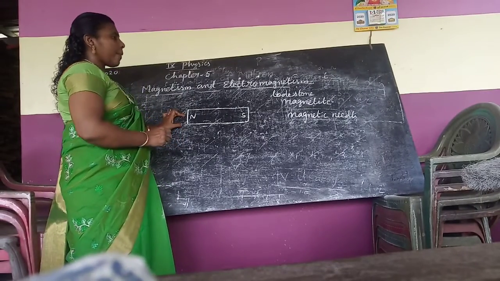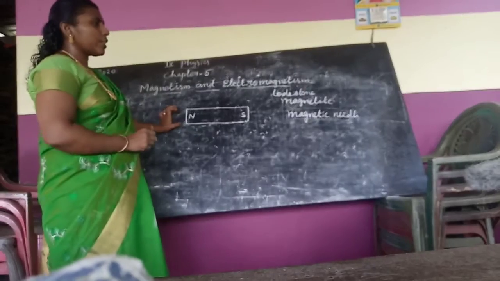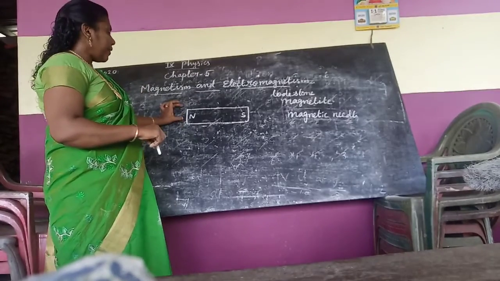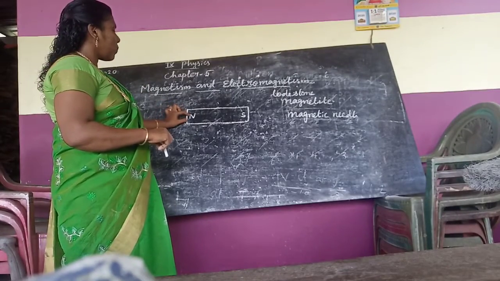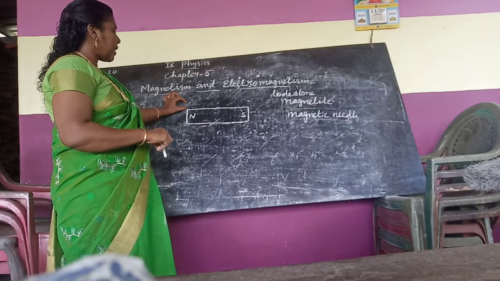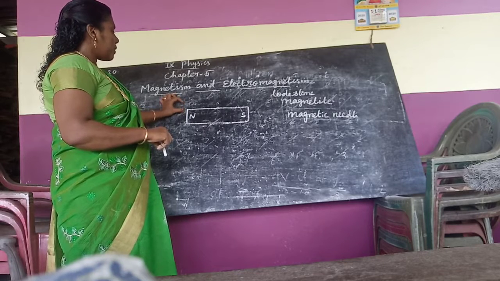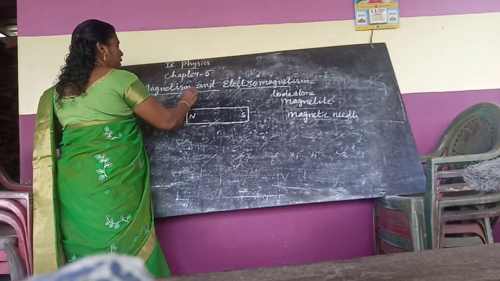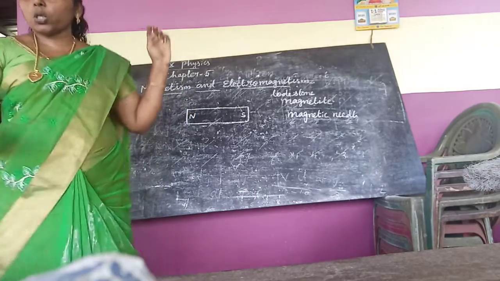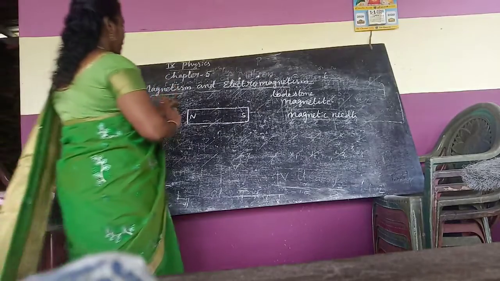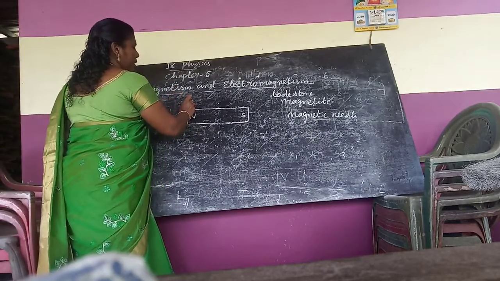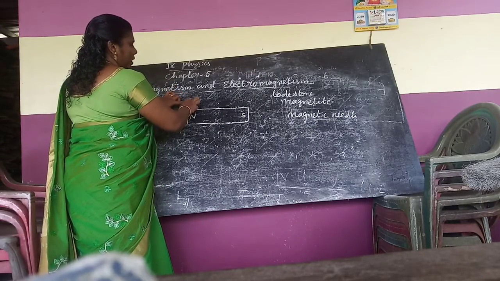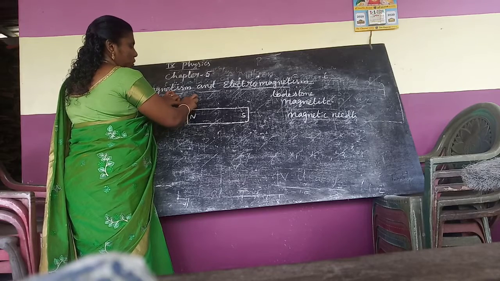Now we can draw the magnetic lines of force by using the magnetic needle. Suppose here is the north pole. When we keep the magnetic compass here, put a dot. The arrow pointer will show north. Like that, keep the magnetic needle and put a point where the pointer shows the arrow mark.